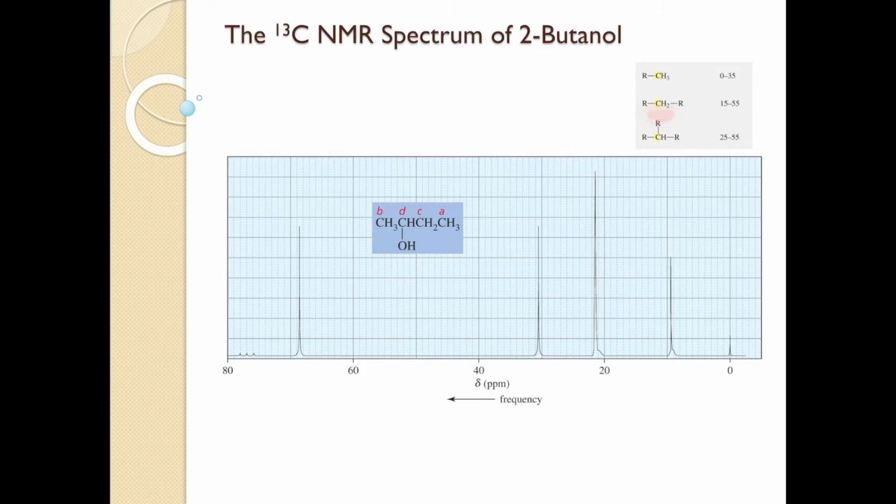The methylene carbon comes somewhere between 15 and 55, and we can spot that right here. Finally, the methine carbon comes between 25 and 55, but because it is attached to oxygen, an electronegative atom, it comes around 70 ppm.